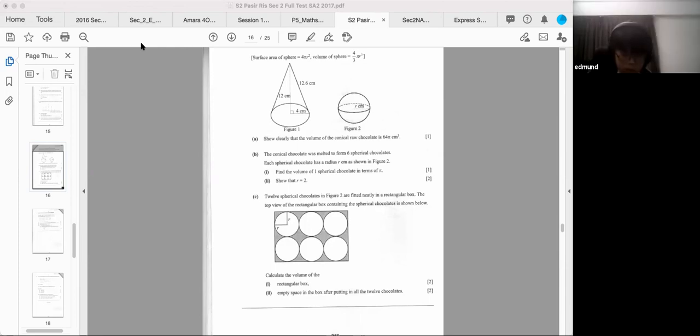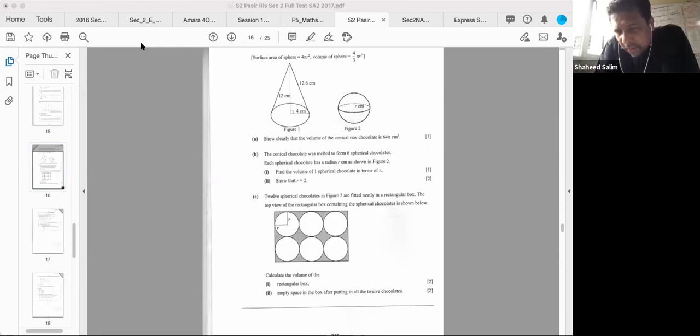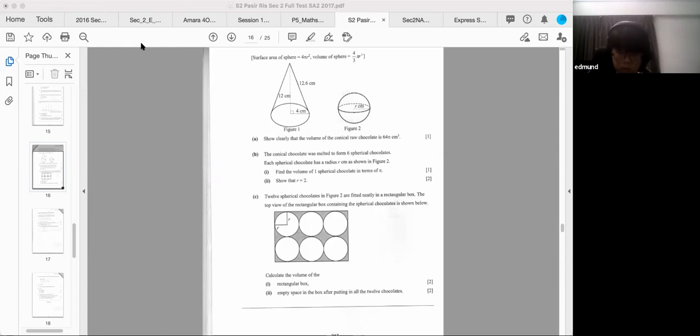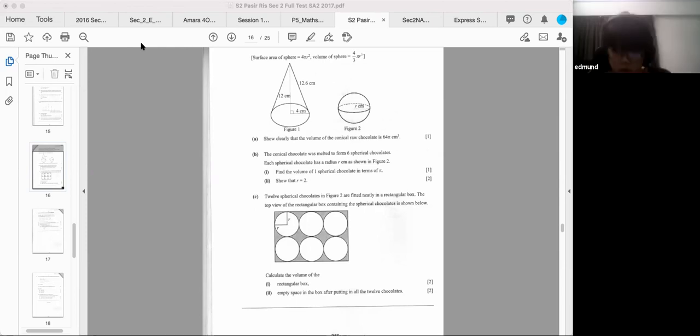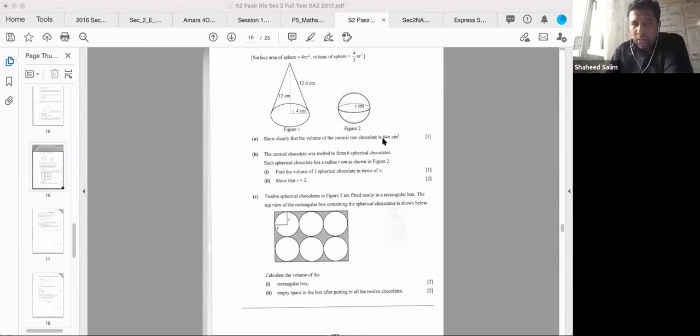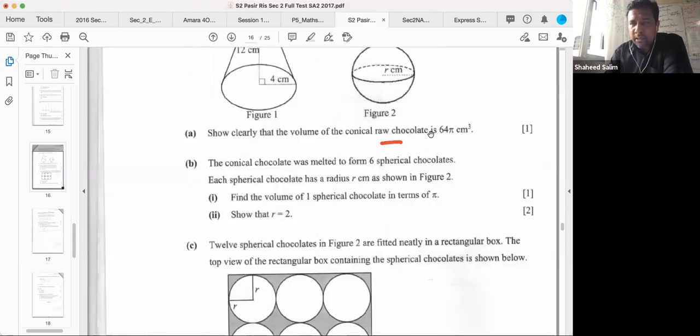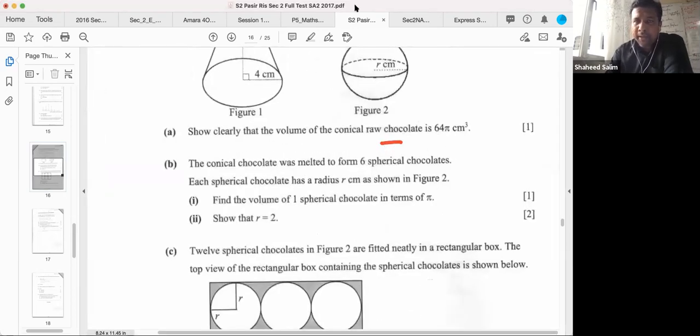Why must it times pi? Oh, because you remember when we reduce this one, look at this. This is with pi, 64 pi.